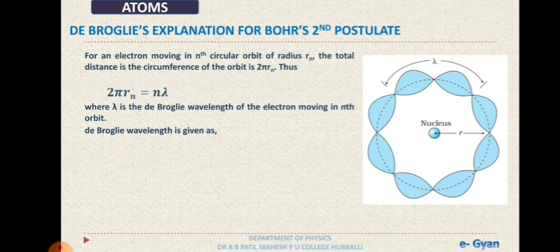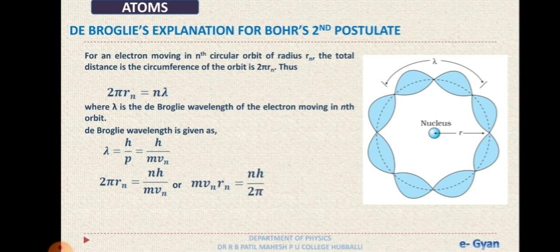The de Broglie wavelength is given as per the hypothesis as lambda is equal to h upon p, which is equal to h divided by m into Vn, where m is the mass of an electron and Vn is the velocity of the electron in the nth orbit. So on equating the equations, we get 2 pi rn is equal to n into h divided by m into Vn. On simplification, we can write m into Vn into rn is equal to nh upon 2 pi.